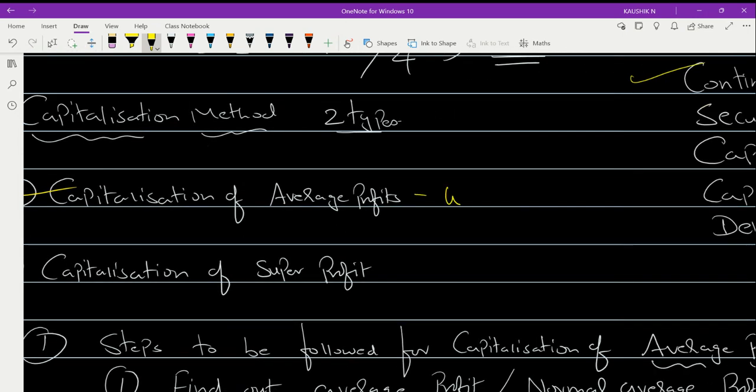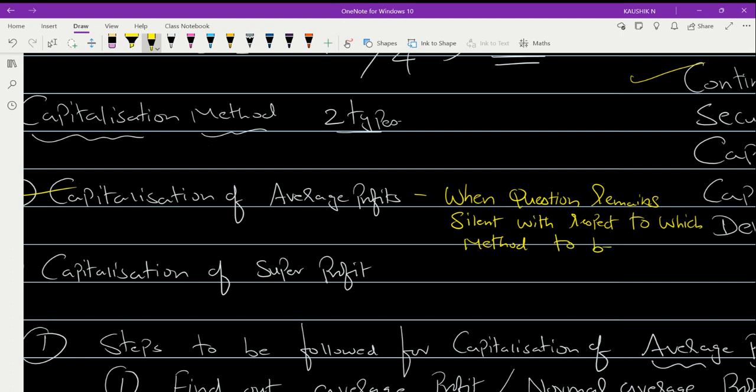When the question remains silent with respect to which method to be used, always go for the average profit method.